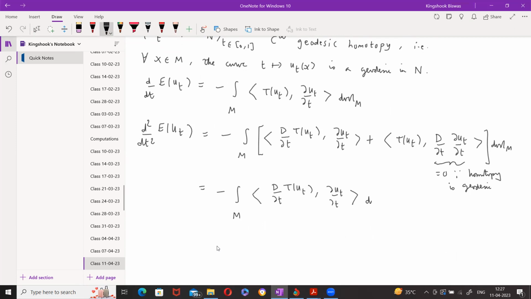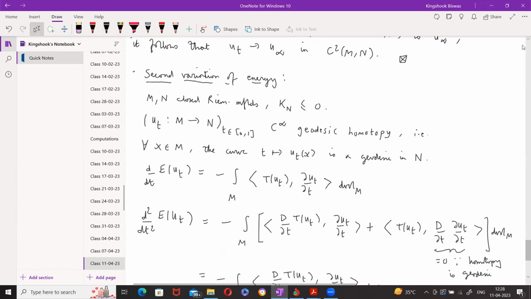So we want to simplify this. Now, if you notice this term, d/dt tau(u) inner product ∂u/∂t, if my parameter was s instead of t, then this term is what comes up when I computed the Laplacian of ∂u/∂s.